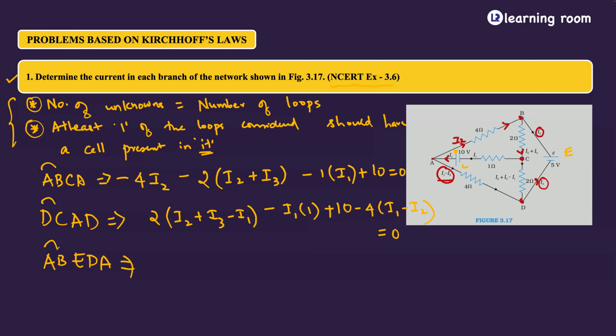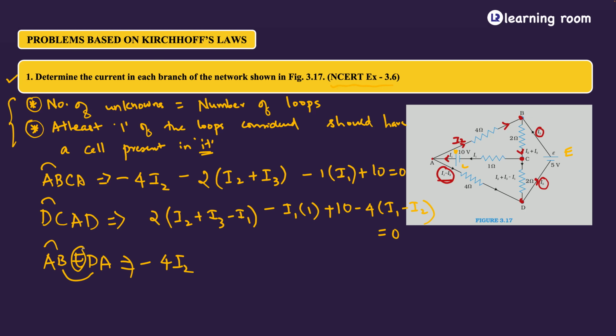When you go from A to B, first you're crossing this 4 ohm resistor. So across the 4 ohm resistor, what is the current? 4I2 with a minus sign. Why minus? Because you're walking in the direction of current. When you go from B to D through E, you're crossing the 5-volt battery.